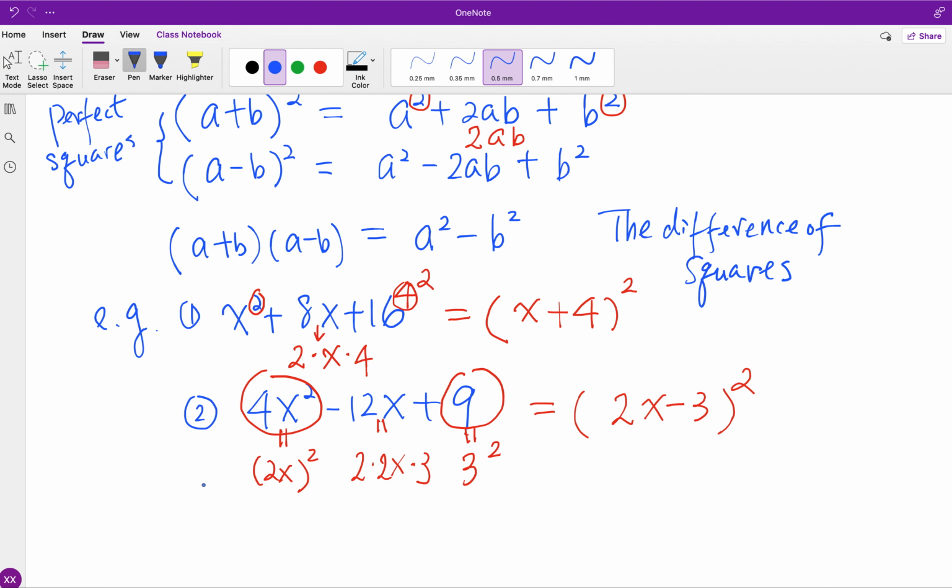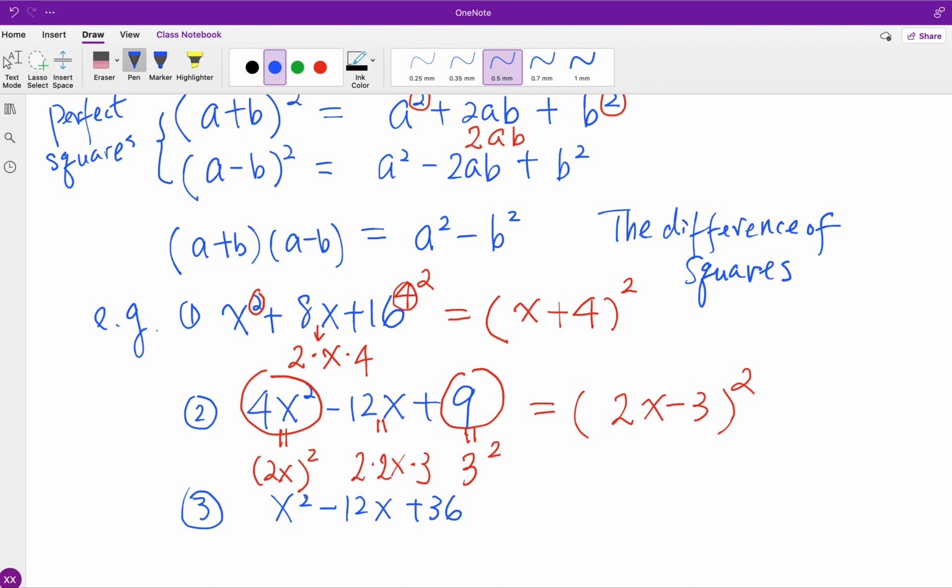So now let's see another example. Okay? Let's just find a question somewhere here. Let's see. Okay, so we have x squared subtract 12x plus 36.